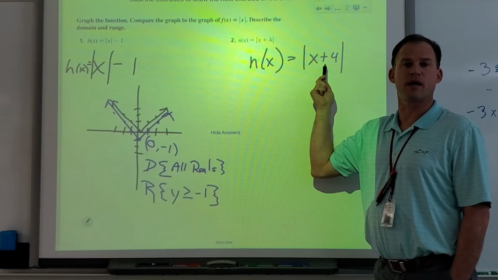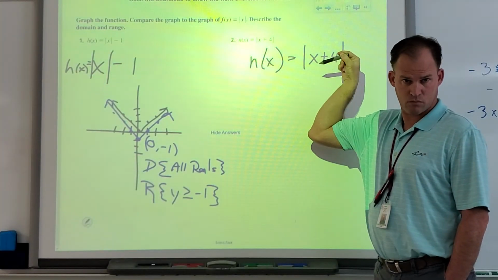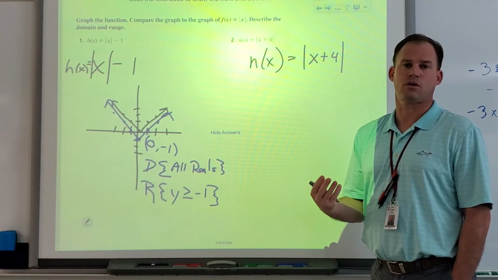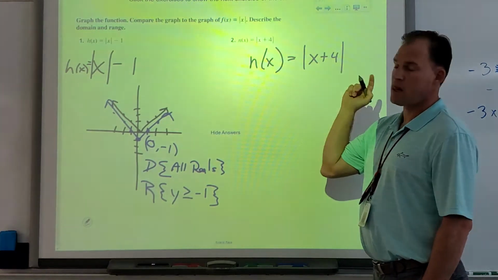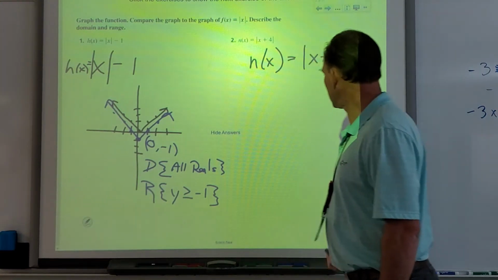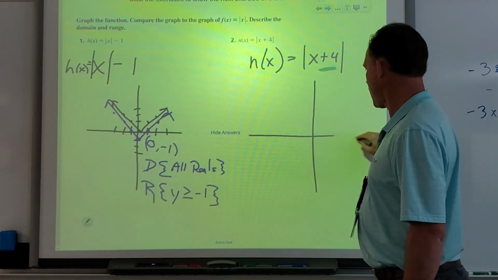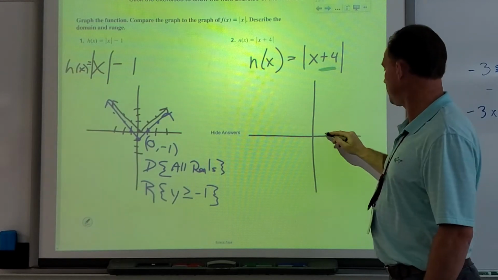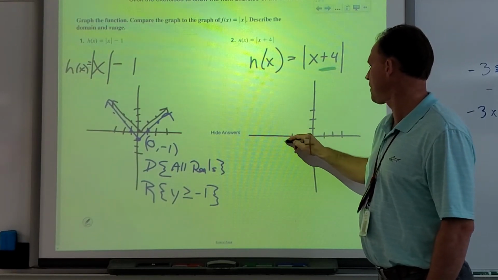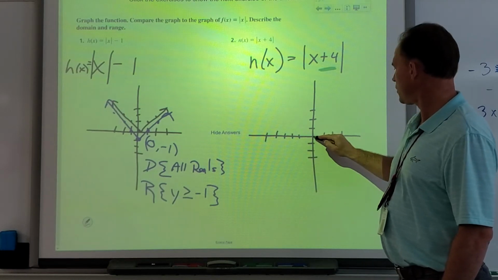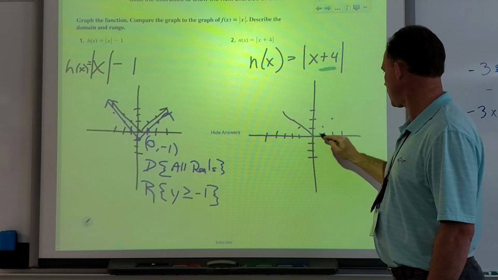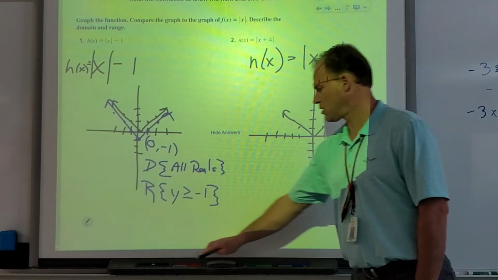Is the number inside or outside the absolute value? How is it going to shift the function? Left 4. So again, mentally it helps. The original looks like this.